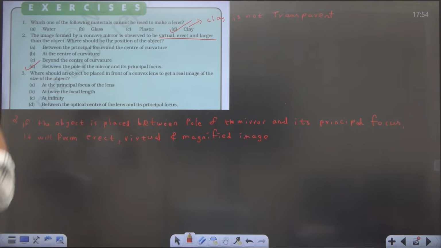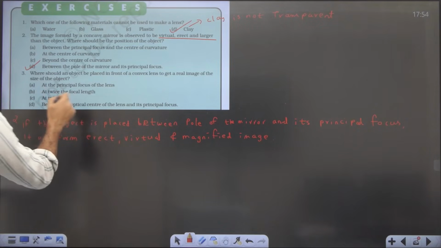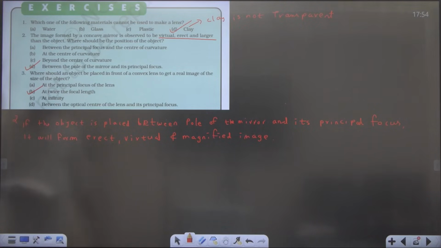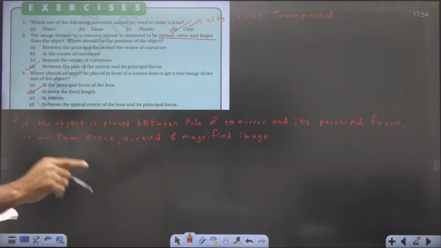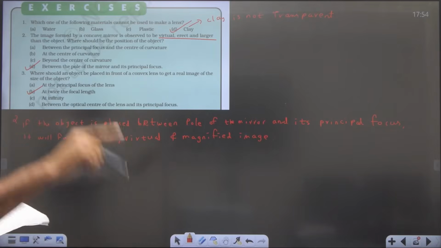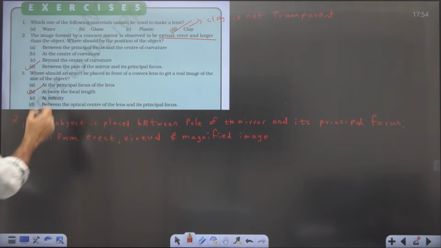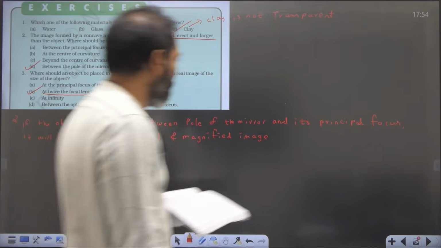We have seen from the table that if you keep the object at twice the focal length, you will get an image of the same size as the object. Remember, if you keep the object at a position equal to twice the focal length from a convex lens, you will get an image of the same size as the object. So where should you keep it? At twice the focal length.